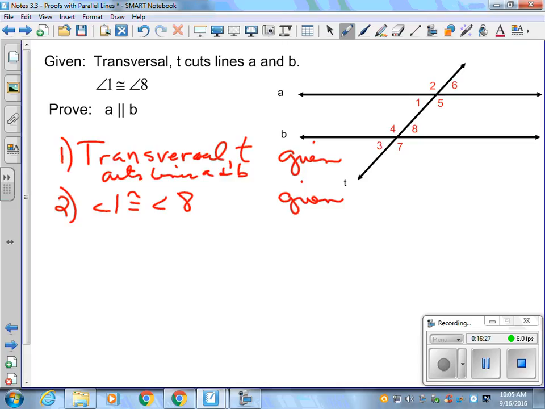And then what if I wanted to use 8 instead? 6 then. Okay, 8 and 3 are vertical. Or I could go 8 and 6 are corresponding because 1 and 6 are vertical. Does everybody see that?